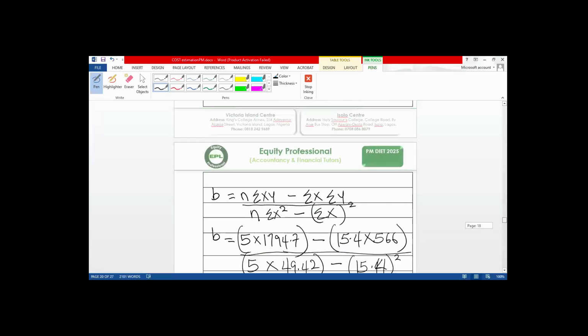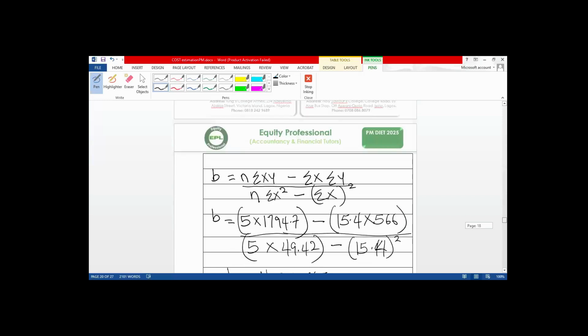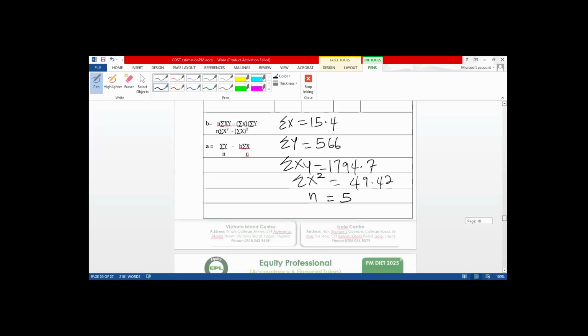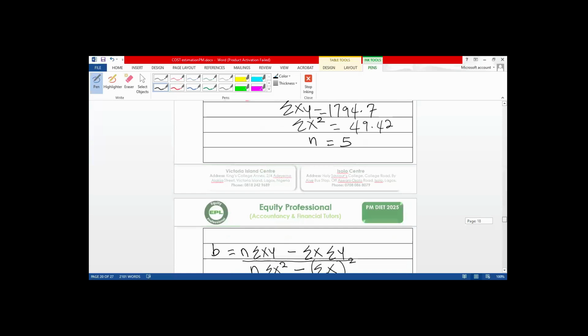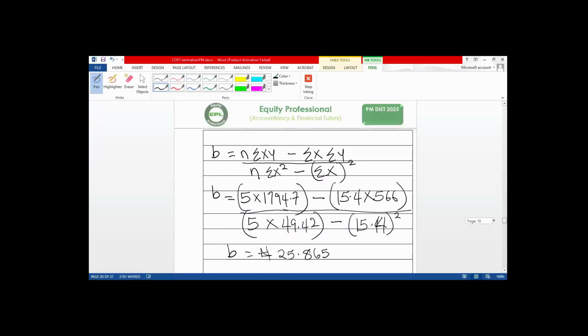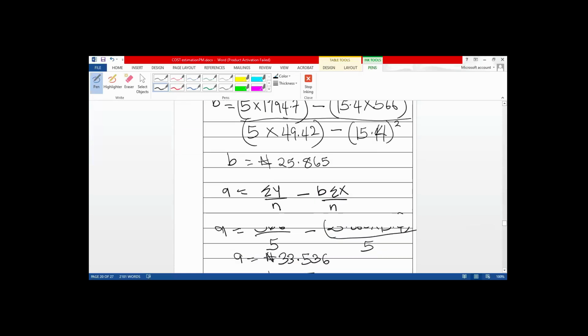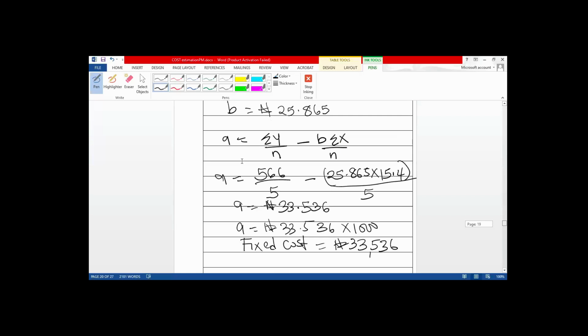Now I want to ask this question to the class. Look at this B. B is your variable cost per unit. We have 25.865.